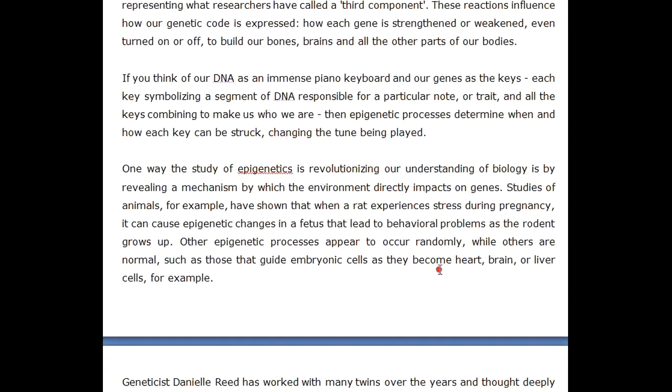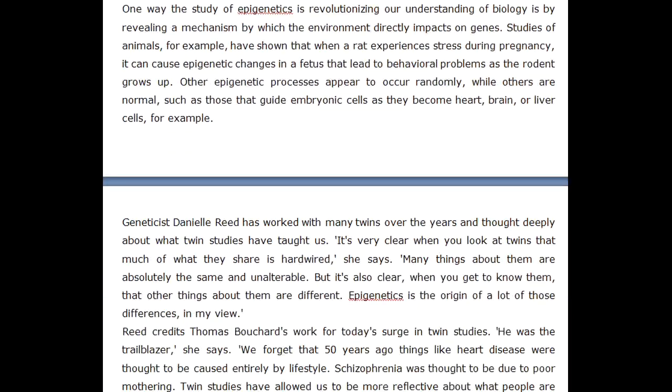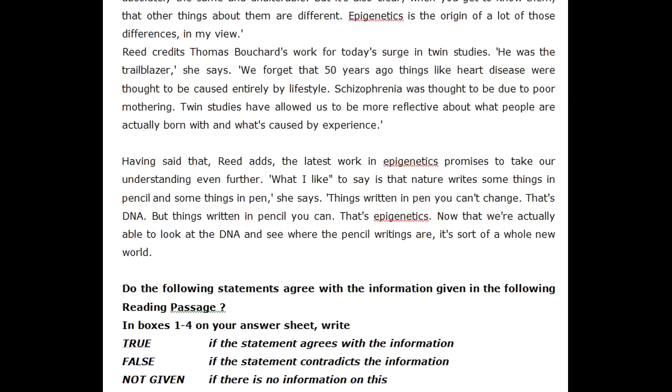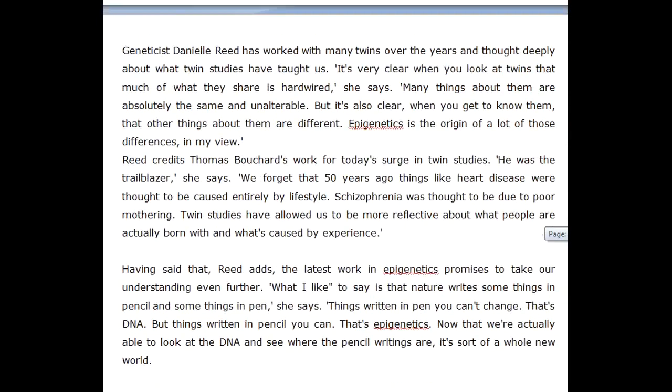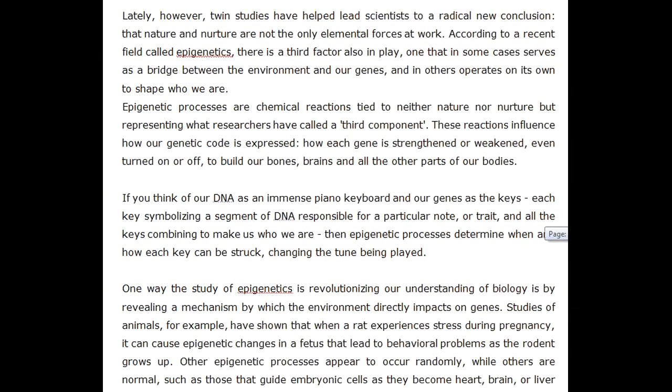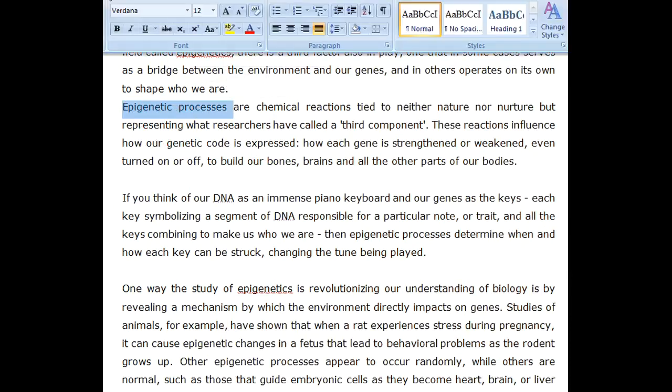Again, there is epigenetics, but I'm not getting anything related to the process. So sometimes it takes too long. So where is this epigenetic process? No, sorry, I missed it. This is here, so that is my keyword. So yeah, you have to be very careful. In a hurry, you might miss it. So I have got it now.